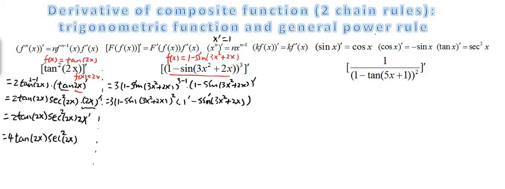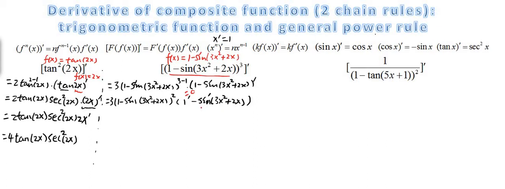Okay, now let's take a look. The first term is the derivative of 1. Derivative of a constant equals 0. Okay, now we can continue to simplify.